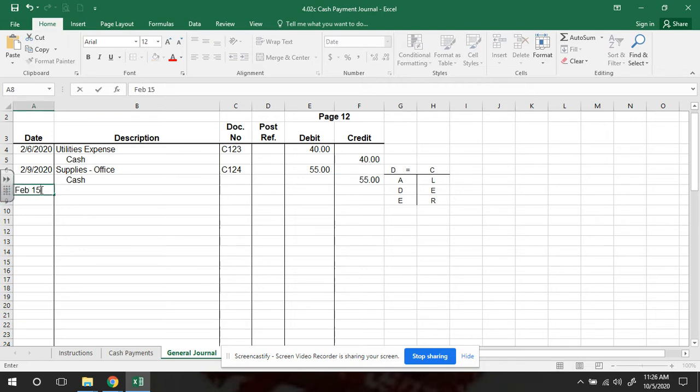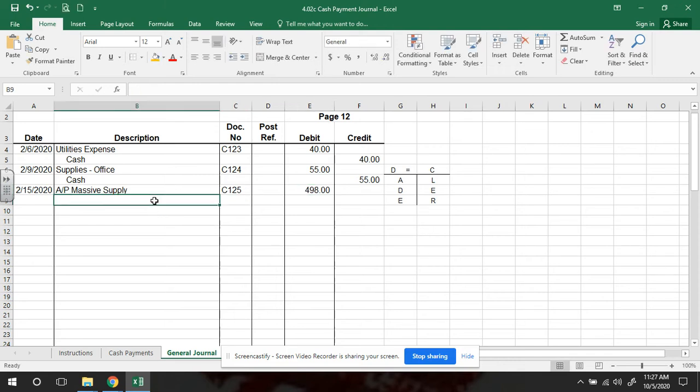The next one was February 15th. And you paid off accounts payable. And this was Massive Supply. And it was check 125. And Massive, we actually owed them $498 when we signed the agreement.